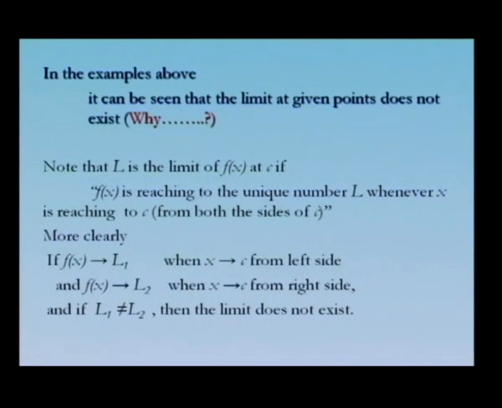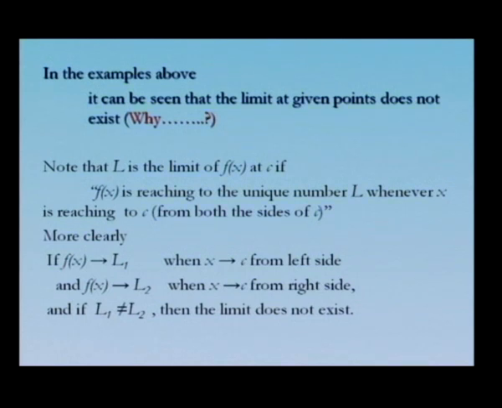So in the examples above, it can be seen that the limit at given points does not exist, as we have explained, because the functions have jumps at the given points. Now note that L is the limit of f(x) at c if f(x) is reaching the unique number L whenever x is reaching c from both sides of c.